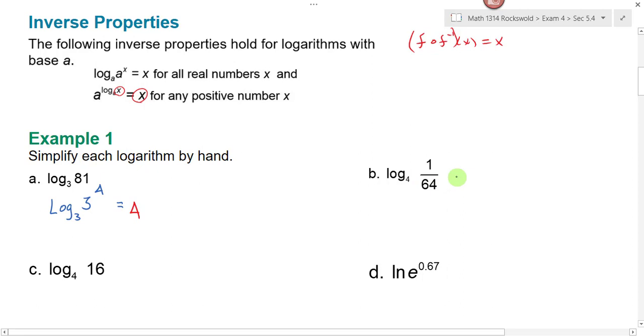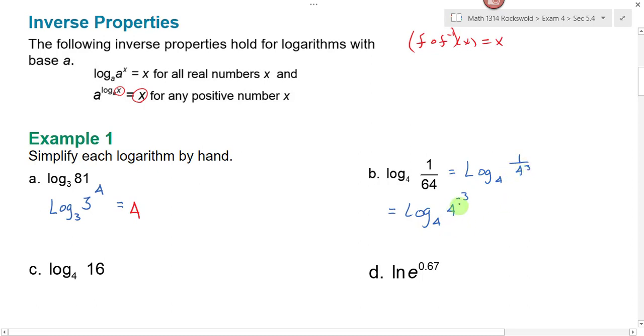On part B, I could rewrite this as log base 4 of 1 over 4 to the 3rd power, because 64 is 4 to the 3rd power. Well, that is in the denominator, it's not in the numerator where it needs to be in order to have 4 raised to a power. So I can use negative exponents to help me rewrite this as log base 4 of 4 raised to the negative 3, because to make a negative exponent positive, I would just flip this into the denominator, and that exponent's positive in the denominator.